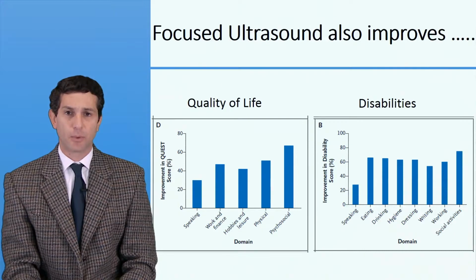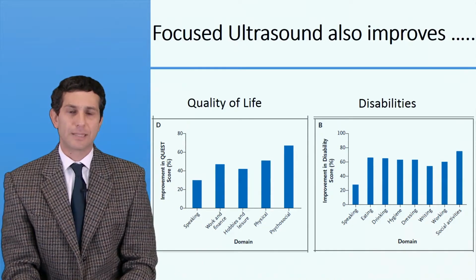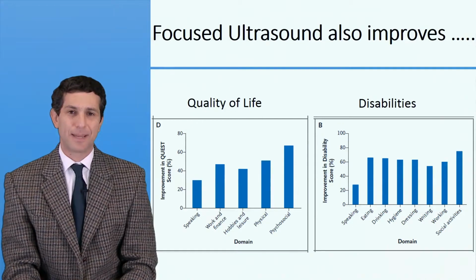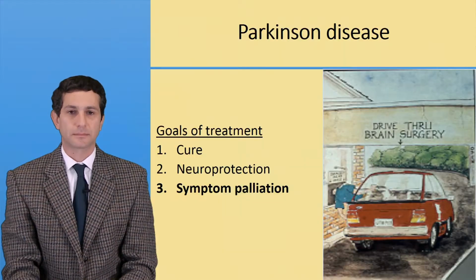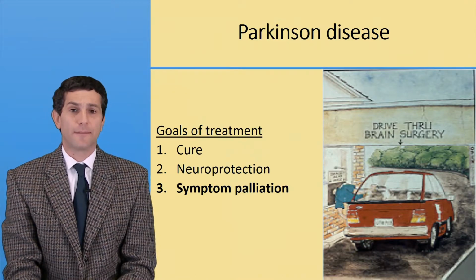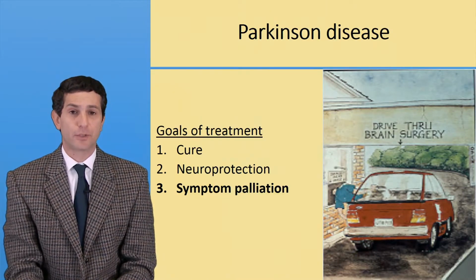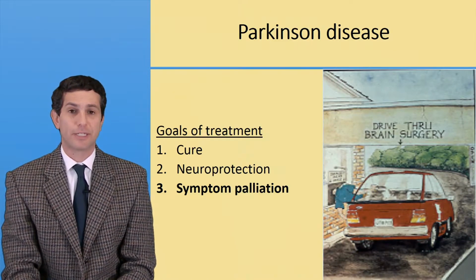These are self-reported quality of life scores that improved overall roughly 60% or so. And also disabilities or the tasks that patients experience in day-to-day life improved significantly as well. And so focused ultrasound has been approved for essential tremor in several countries now.